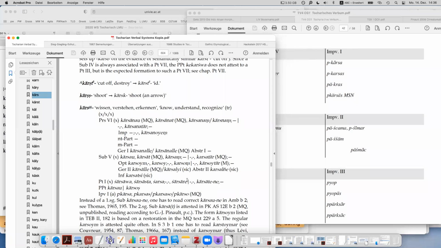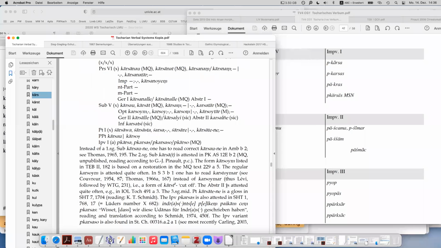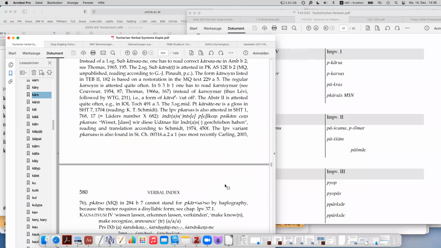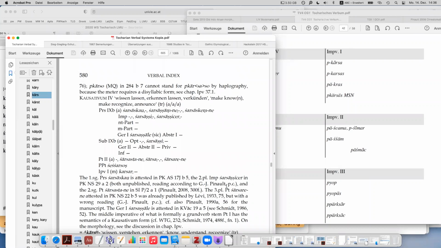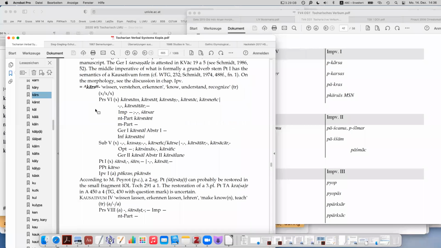This is an interesting thing, and sometimes we really connect this word, I think, with the Latin word scire, to know. So you find it here, curse. It is the first class preterite called shesa.